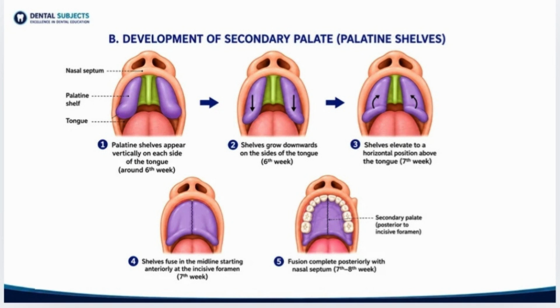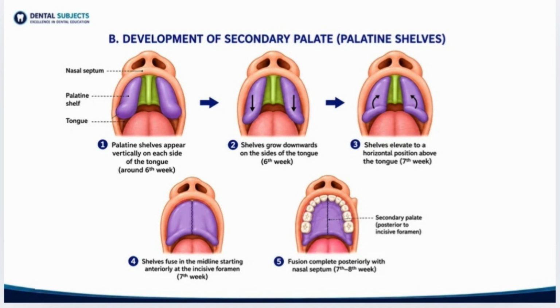In the beginning, they grow downwards, that is towards the tongue. After the development of the tongue and the lower arch, it pushes the palatal shelves. Then they start to grow medially and fuse with each other. The fusion of the palatal process begins from the premaxilla.